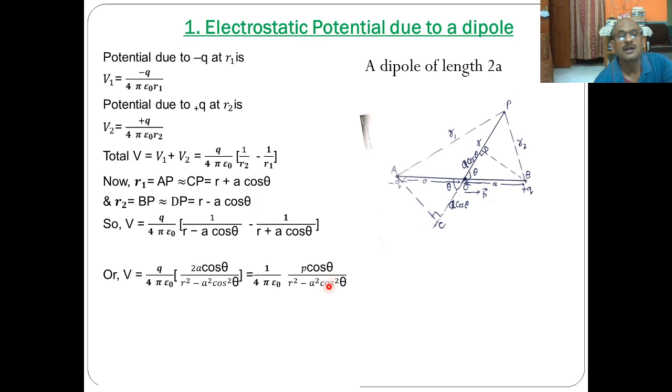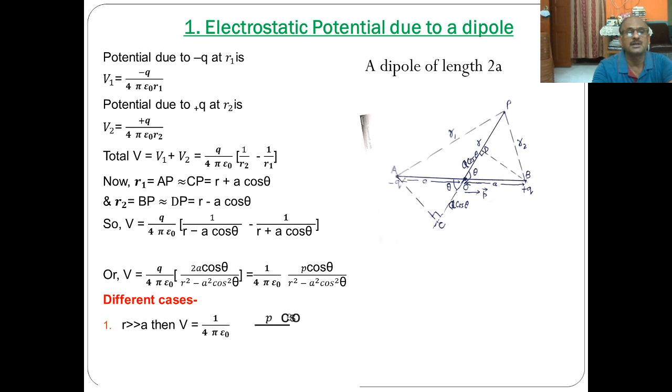So the first case we are taking is for a short dipole, that is r is greater than a, then in the denominator a square cos square theta can be neglected. So V equal to p cos theta by 4 pi epsilon naught r square. And now in the axial line, theta equal to 0 degree or 180 degree, both we can take.